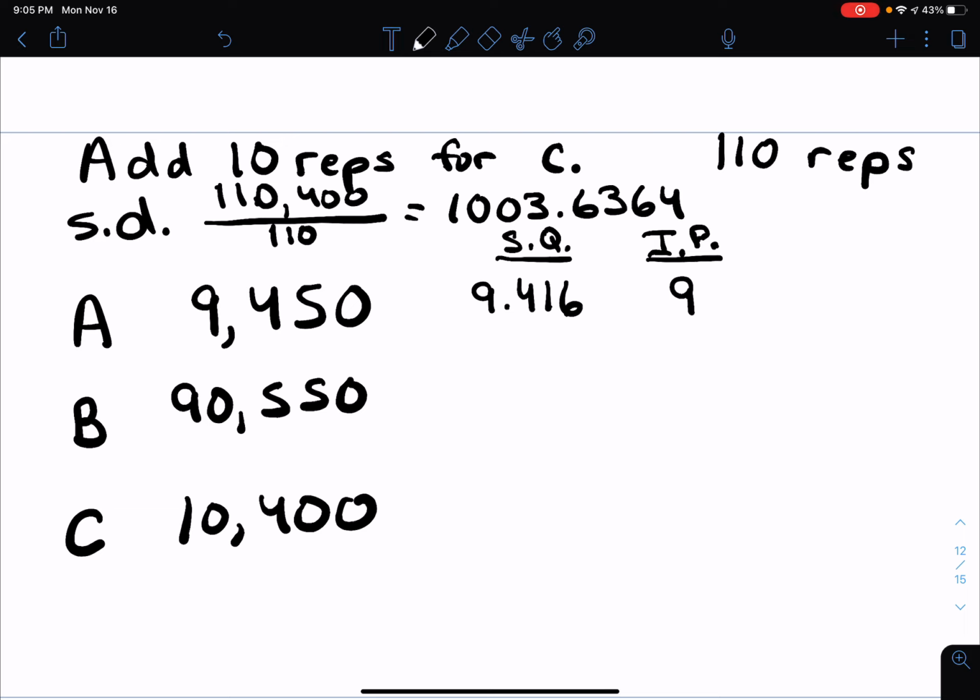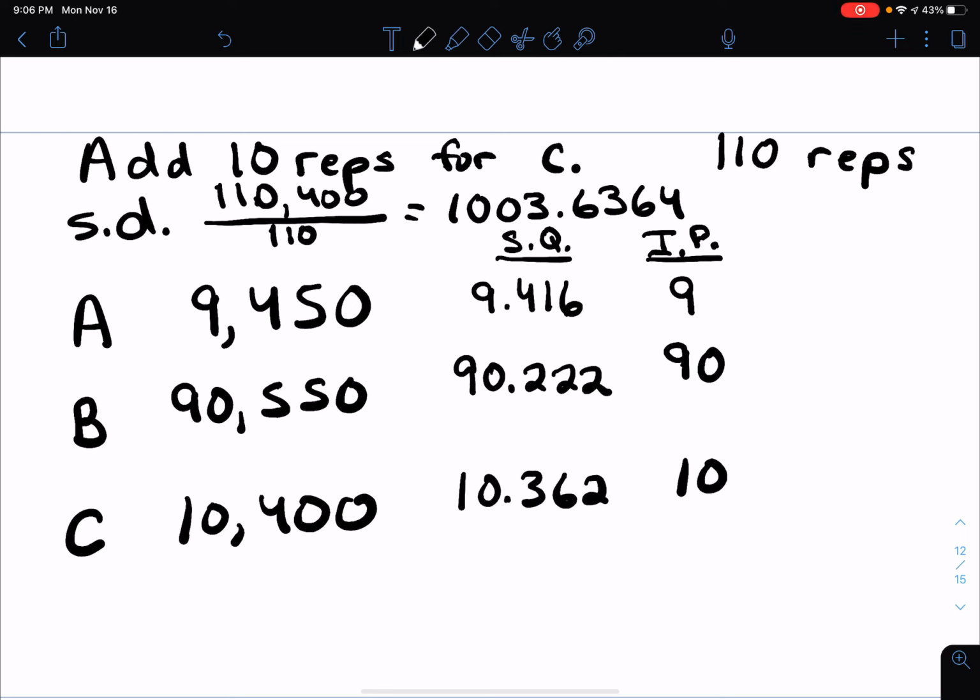90,550 divided by 1,003.6364. I have 90.22. We're going to 3 decimal places, so 90.222. So my integer part's 90. And then 10,400 divided by 1,003.6364 is 10.362.